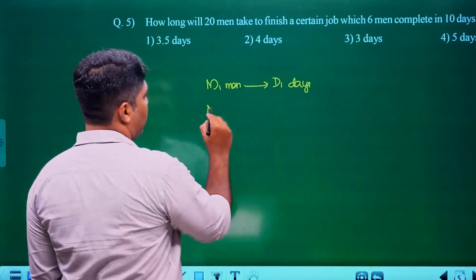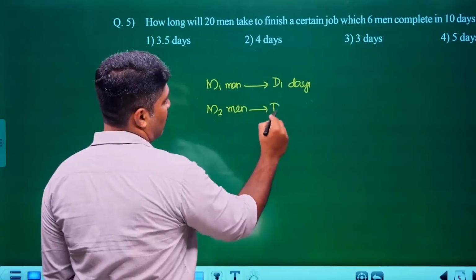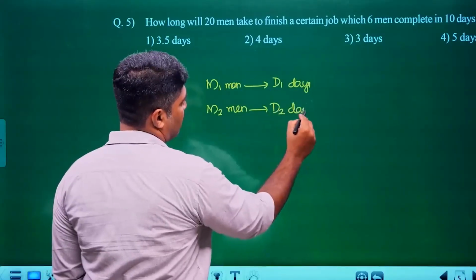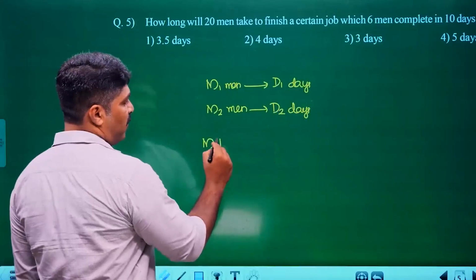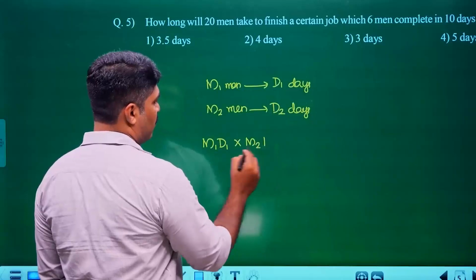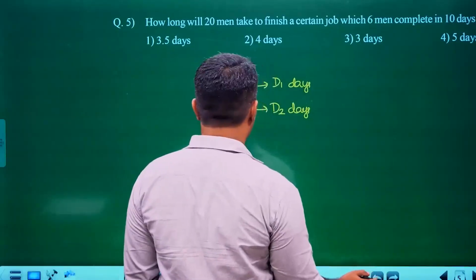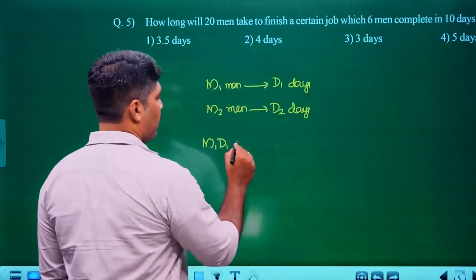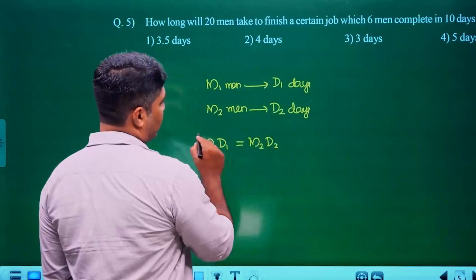If M2 men can complete the same work in D2 days, then the direct result is M1 into D1 equals M2 into D2. So this is a basic result.